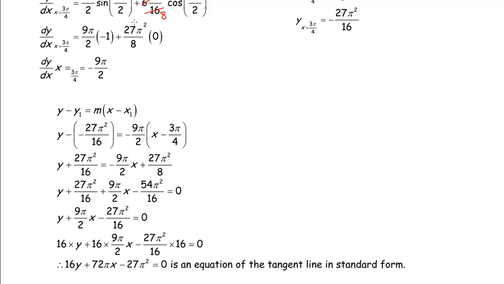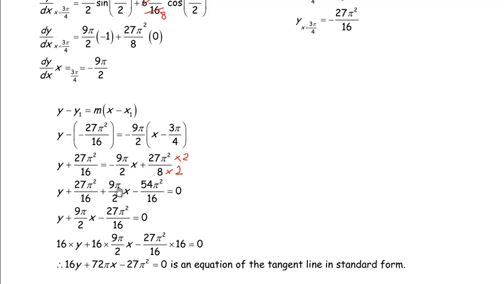So what I did was, seeing that this is a 16, I'm going to multiply this by 2 to get a common denominator. So when I brought this over, sorry, 27 times 2 is 54 pi squared over 16. And of course, negative when we bring it over to the other side. So those are actually like terms, have a common denominator now, so we can subtract them.